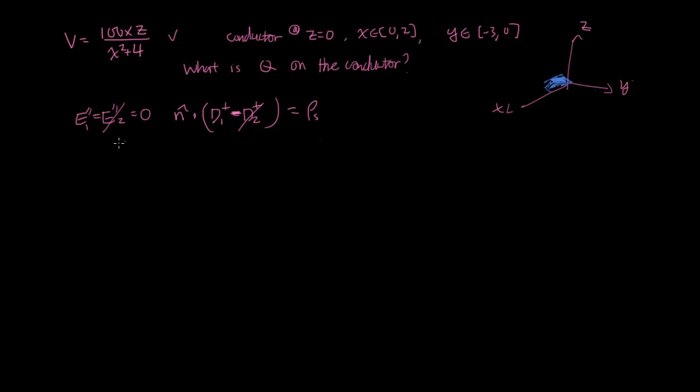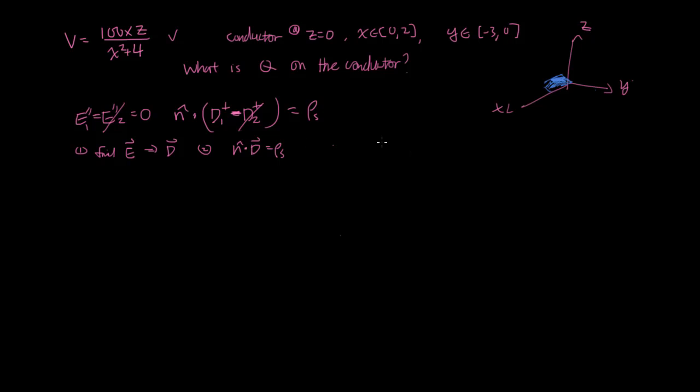So our strategy is, first of all, we find E, and through that we can also find D. And then next up, we can use the fact that if we take the component that's normal to the interface, we can get rho s.